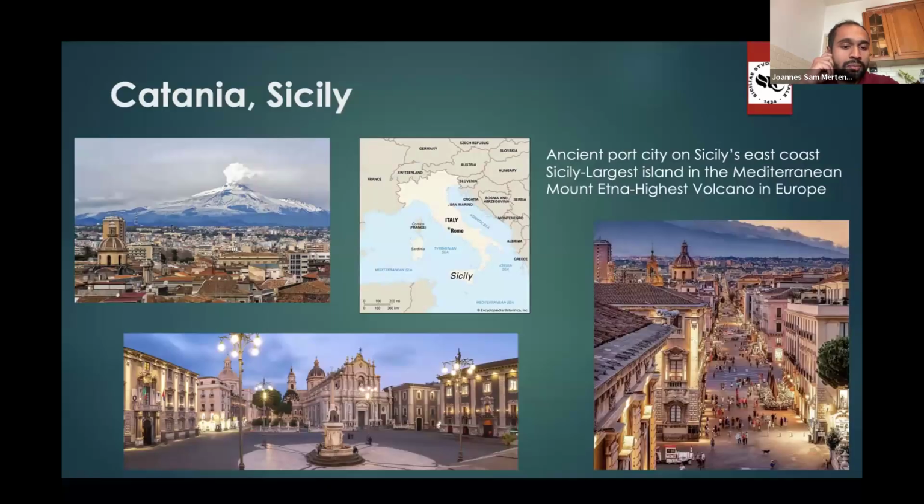It is also home to the most active volcano in Europe, Mount Etna, as you can see in the first image. It also has the biggest university in southern Italy, a mega university. Catania is an ancient city on the Sicily south coast, and the image on the right is the main street in Catania, and you can see the volcano in the background.